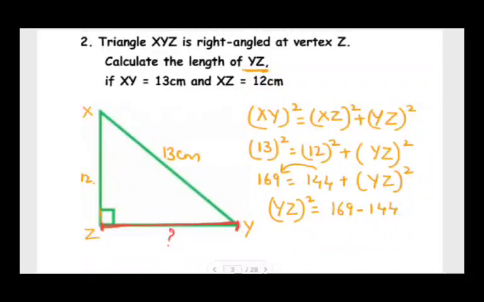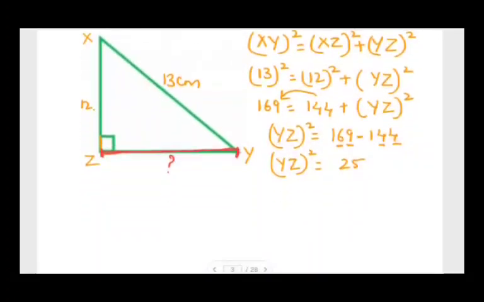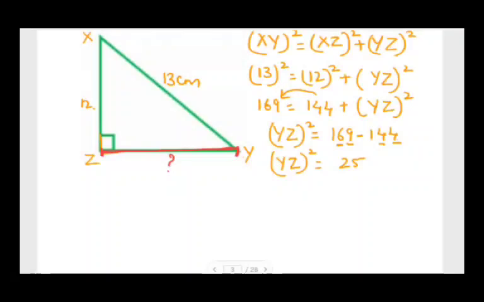On the same side, I carry 144 with a minus sign. YZ, the whole square, is equal to 9 minus 4 is 5, 6 minus 4 is 2, 1 and 1, 0. So do we know the square of 25 is the square of 5? 5 into 5 is 25. So YZ is equal to 25 centimeters.